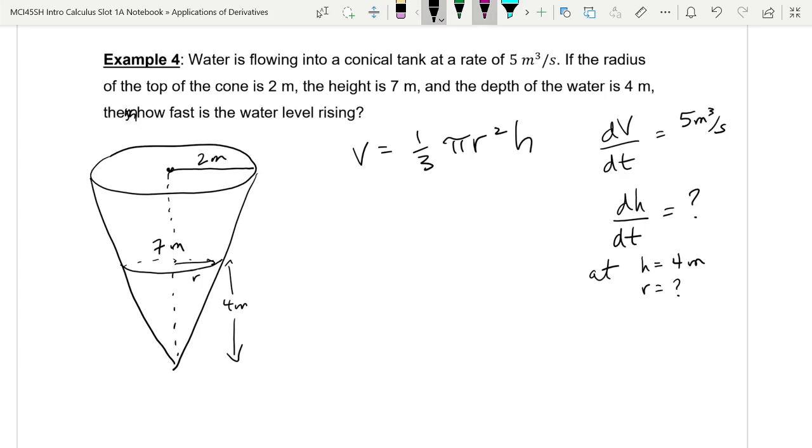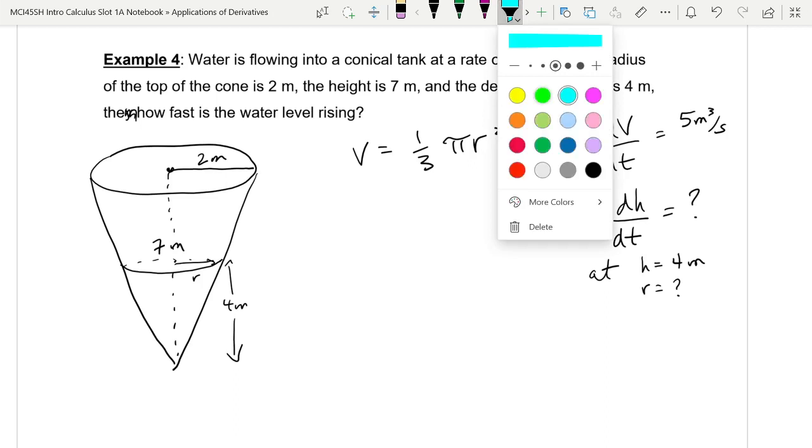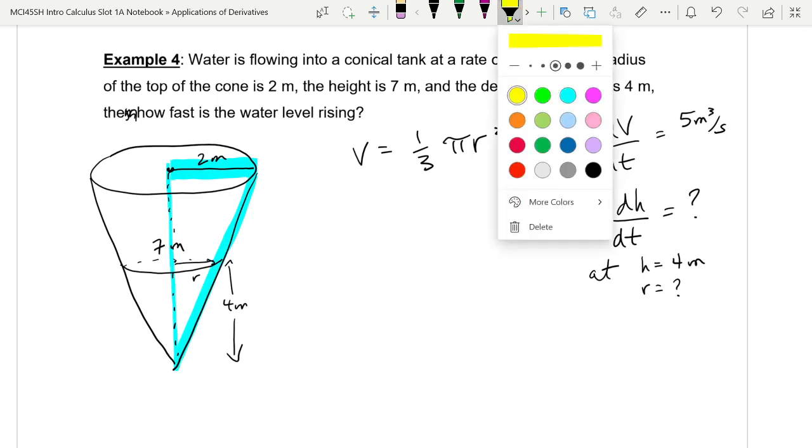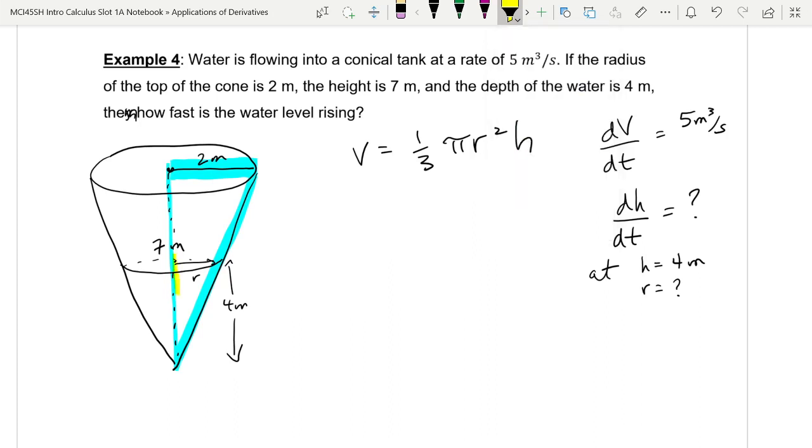Can you see that in this diagram I have a large right triangle here, and I have a small right triangle here. And those two triangles are what we call similar.